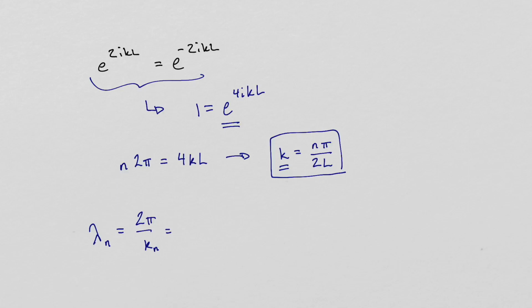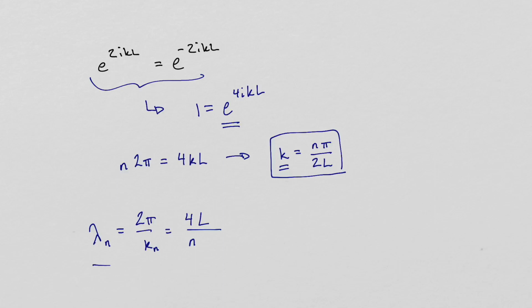If I plug this in, let me see if I can do the algebra upside down here. So on the bottom, I have an n and a pi, an n and a pi, and the pi cancels the pi, and on the top I have 2. I have 4L over n.